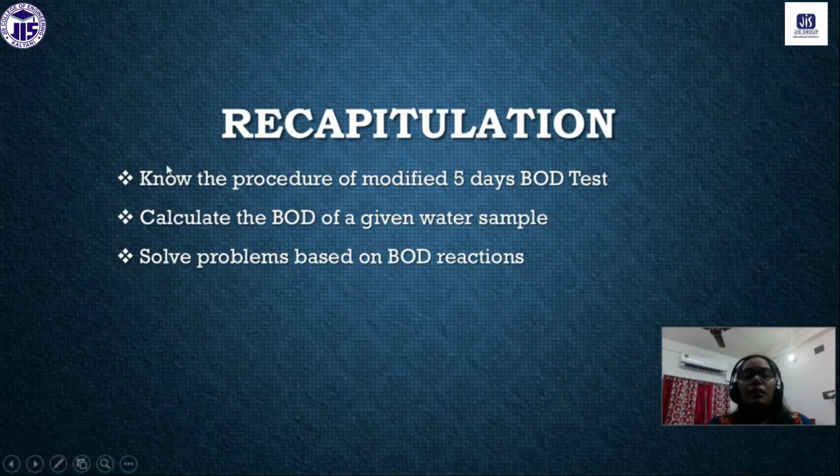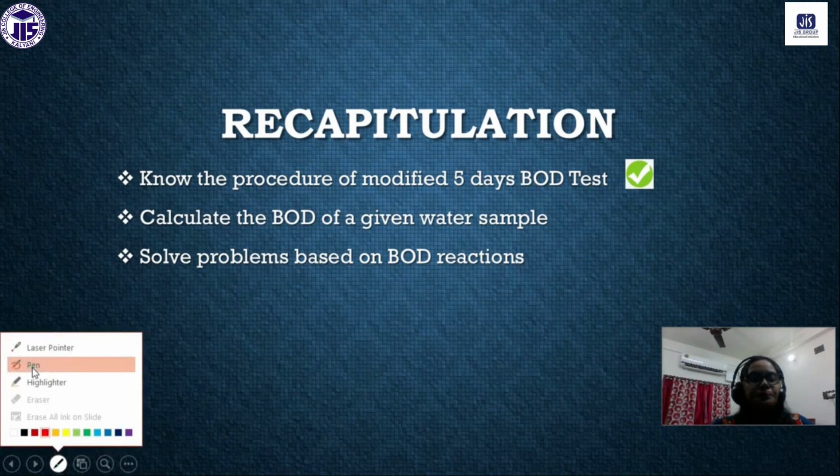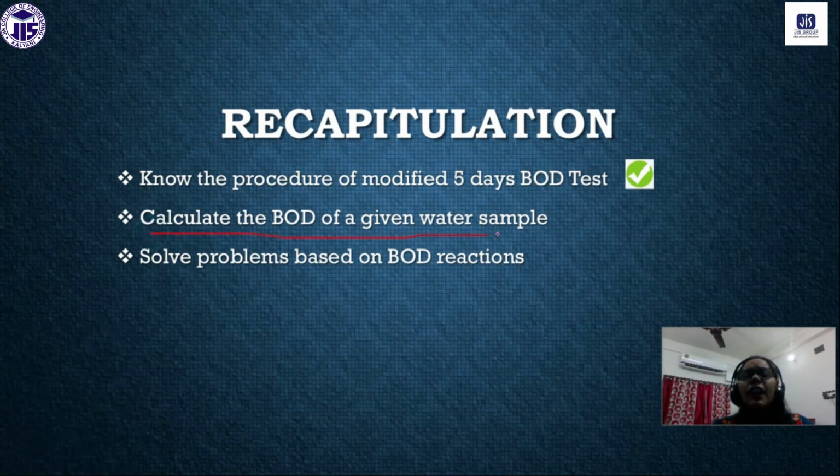So now you can know the procedure of the modified 5 days BOD test. Understand? Yes, checked. Okay, next, now you can calculate the BOD of a given water sample.